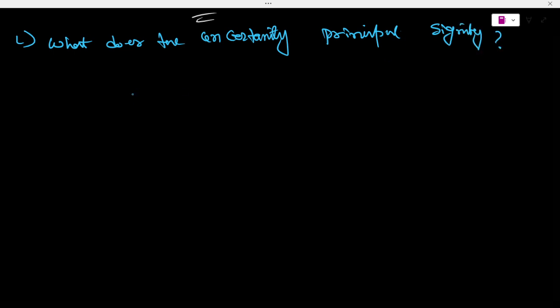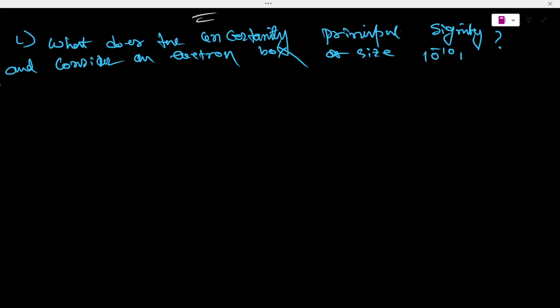And consider an electron in a box of size 10 to the power minus 10 meter.